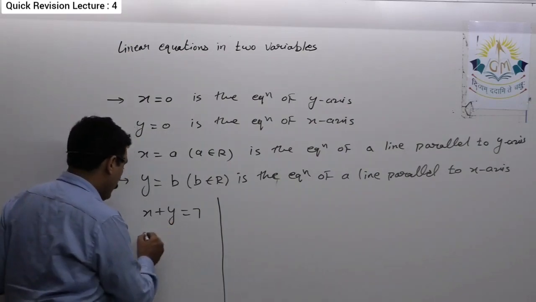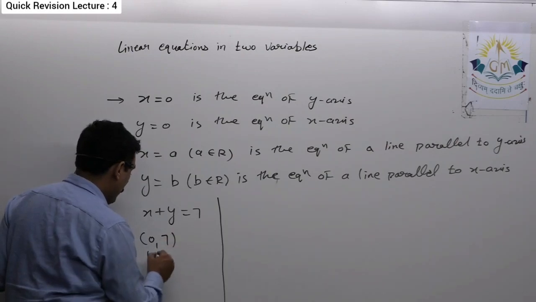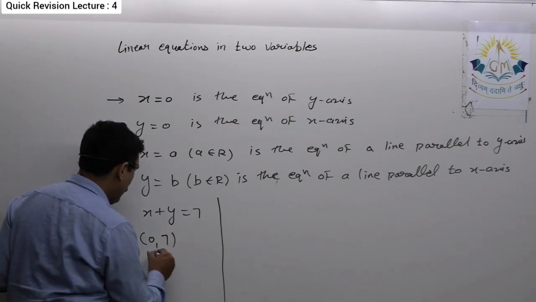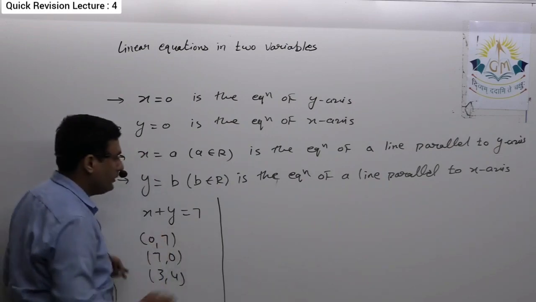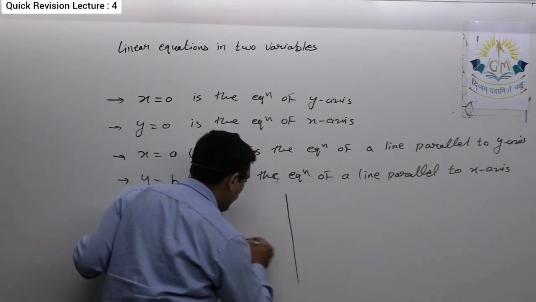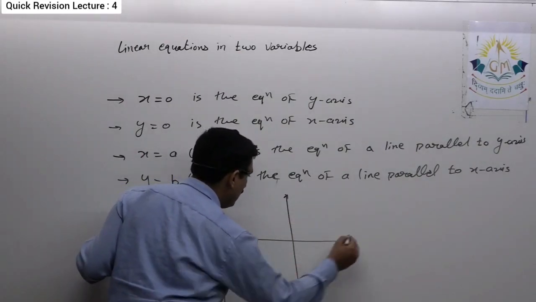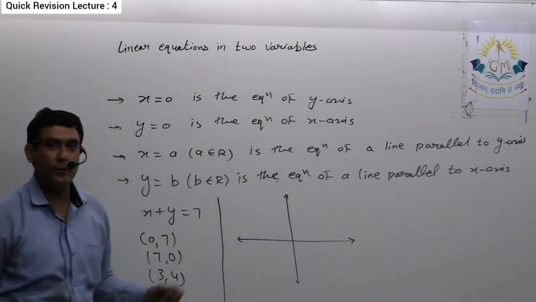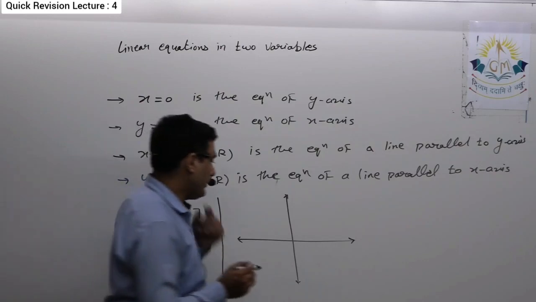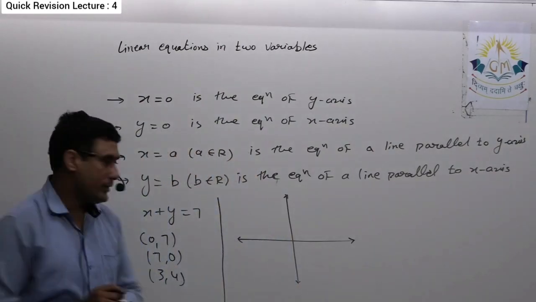Here if I put x equal to 0, y will be 7. If I put y equal to 0, x will be 7. If I put x equal to 3, y will be 4. These are the solutions. Now I hope you know how to plot these points on the graph paper. If you plot these points and join them, you will get the graph of the equation. So this is the way to draw the graph of the equation.